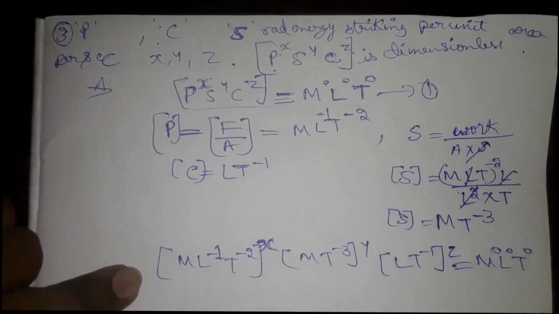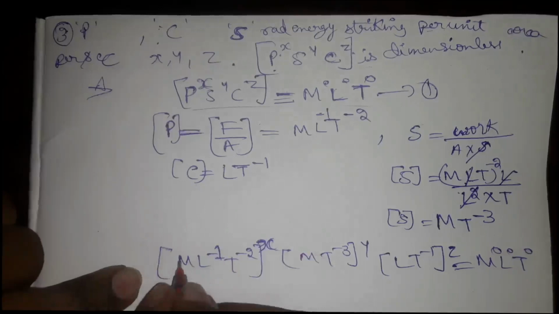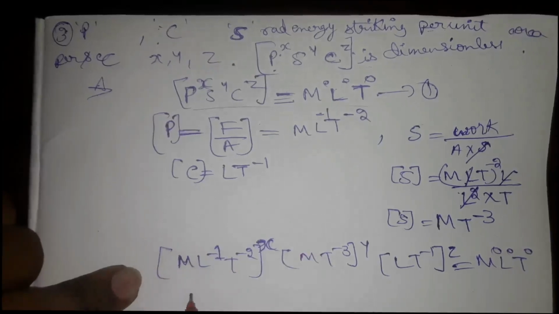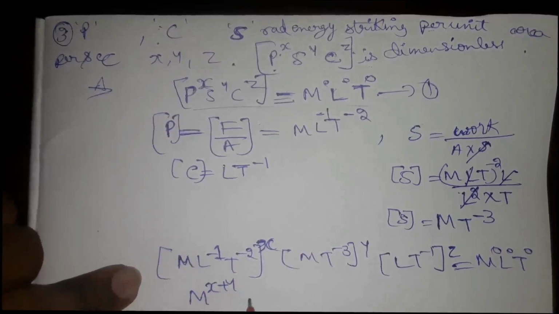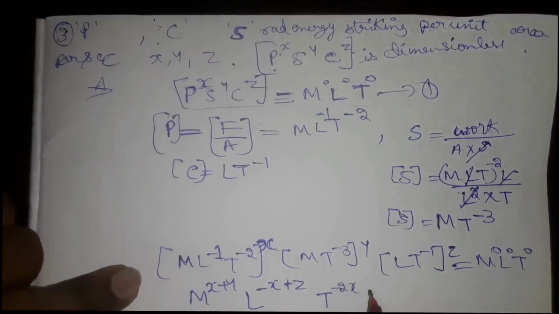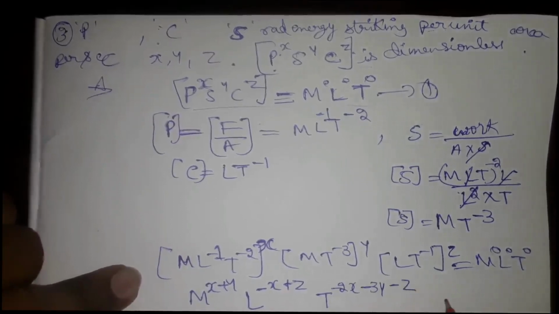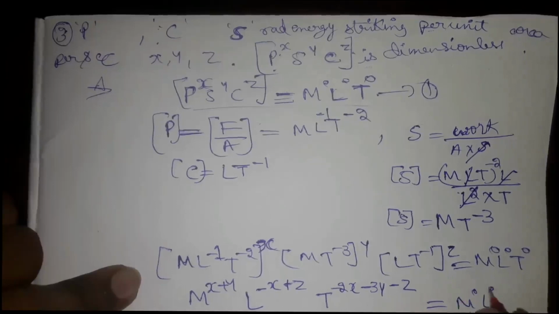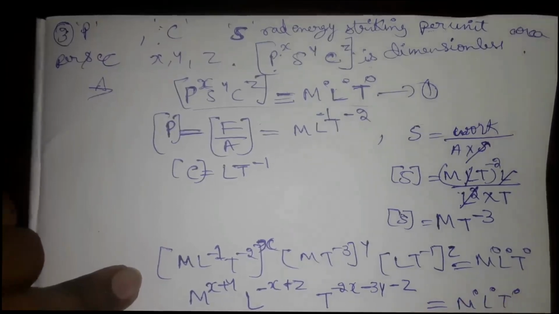So we would get M^(x+y), L^(-x+z), and T^(-2x-3y-z) is equal to M^0 L^0 T^0.